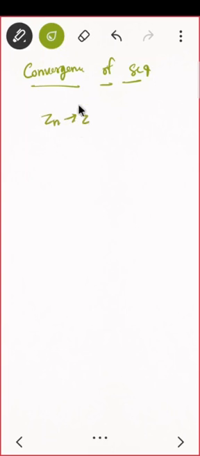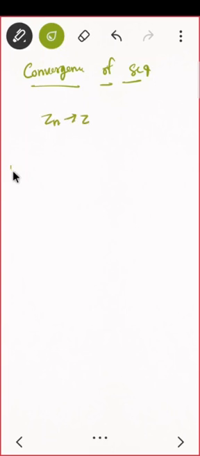Convergence of a sequence. Here also the same definition of a sequence: it is Zn from natural numbers to C, correct? How do you say a sequence is convergent? Same thing, same example. Say Zn converges to Z, so how will you define that?